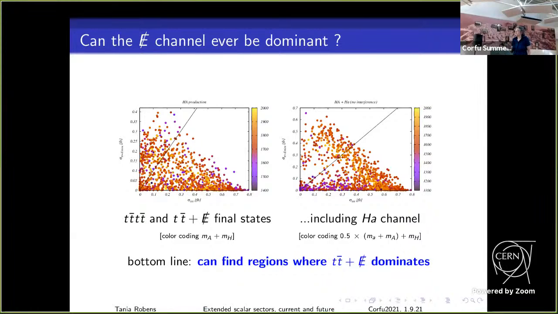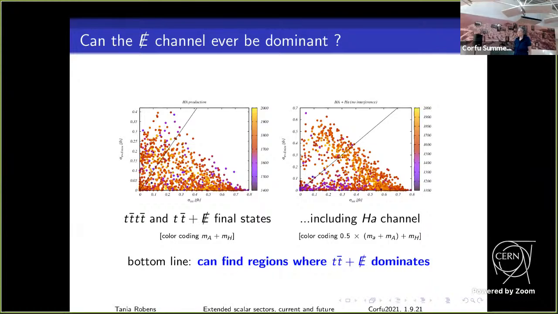Here I plot, for all allowed points passing a long list of constraints, the cross sections in femtobarn: this is t tbar at 3 TeV, and this is t tbar and missing energy. You see that you still have some parameter space where this new signature would be dominant.